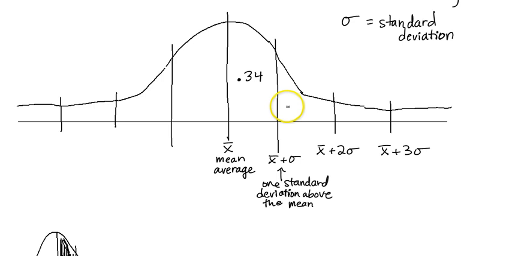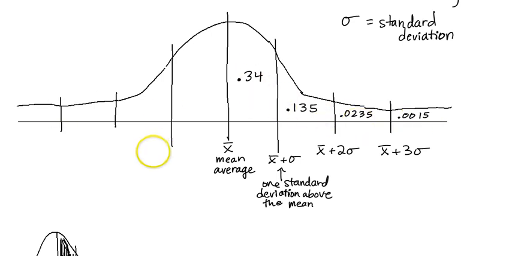The next one is 0.135. This next one is 0.0235, and then last but not least 0.0015. So what that means is very, very, very few people are 3 standard deviations above the mean if our data is a bell-shaped curve. You will have to have these numbers memorized, so just be prepared for that.